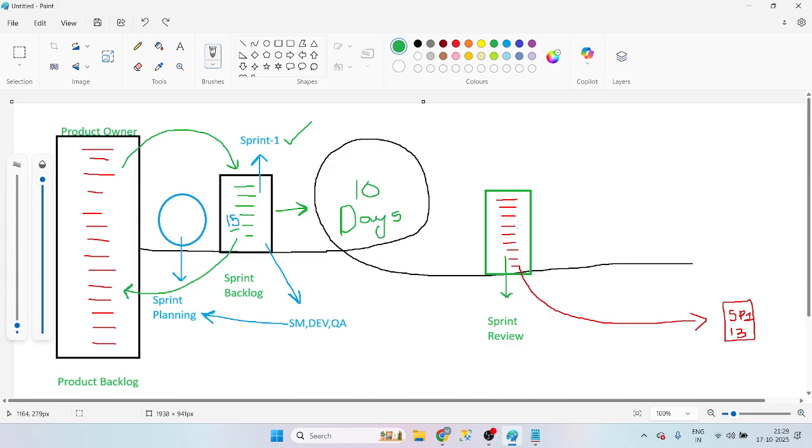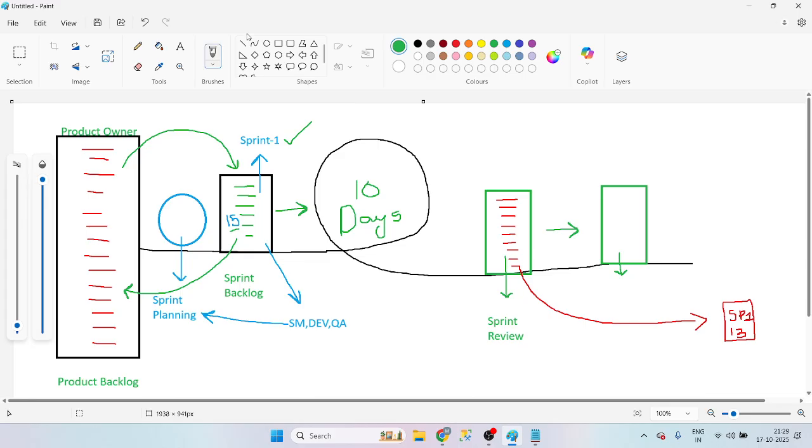After completing this sprint review, we are having another meeting called the internal meeting, internal collaboration. We are going to discuss what good and what bad things happened in the current sprint.